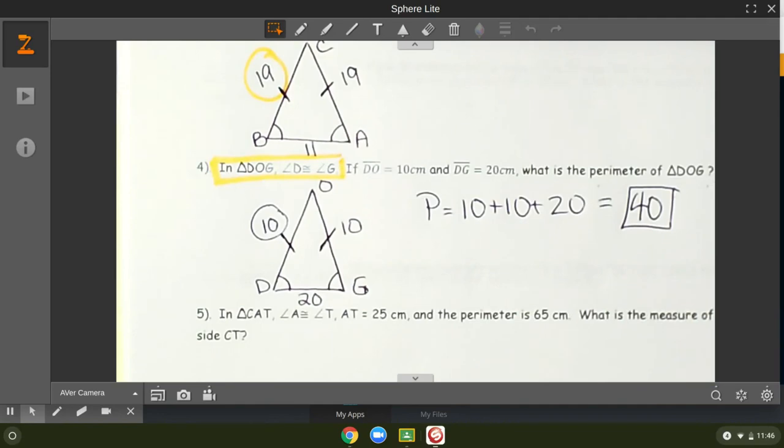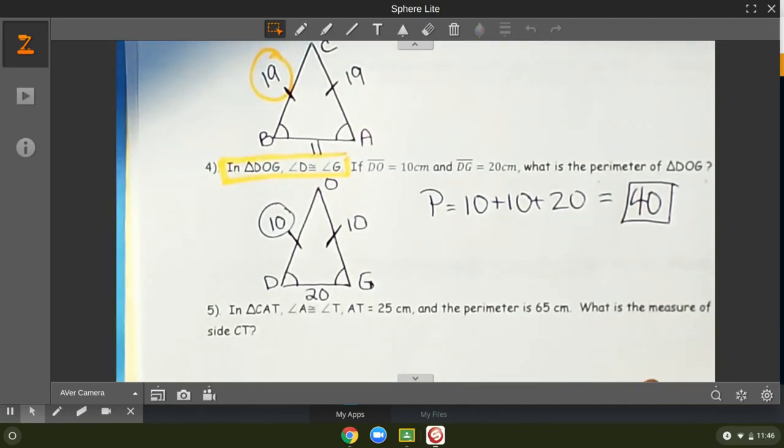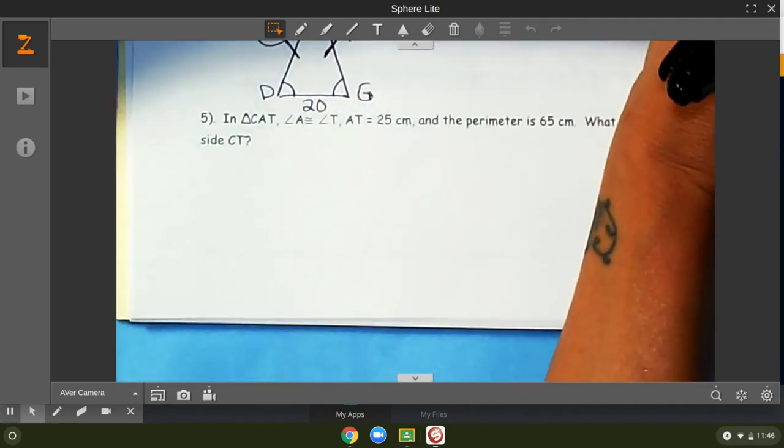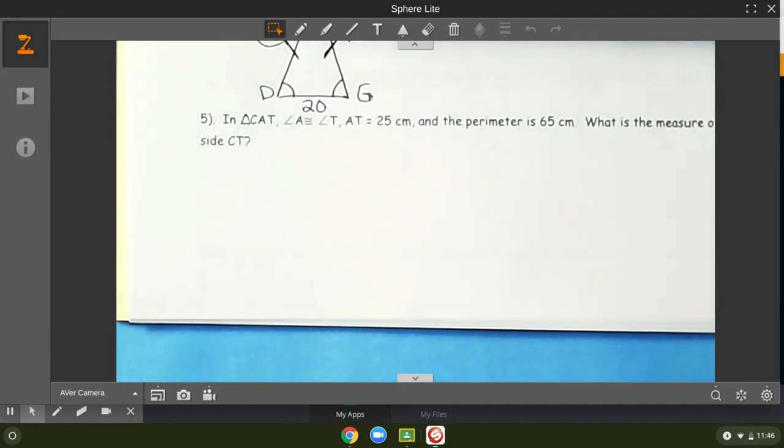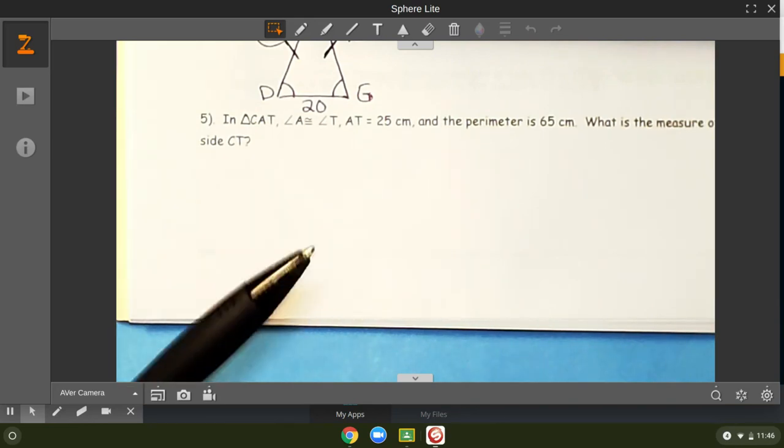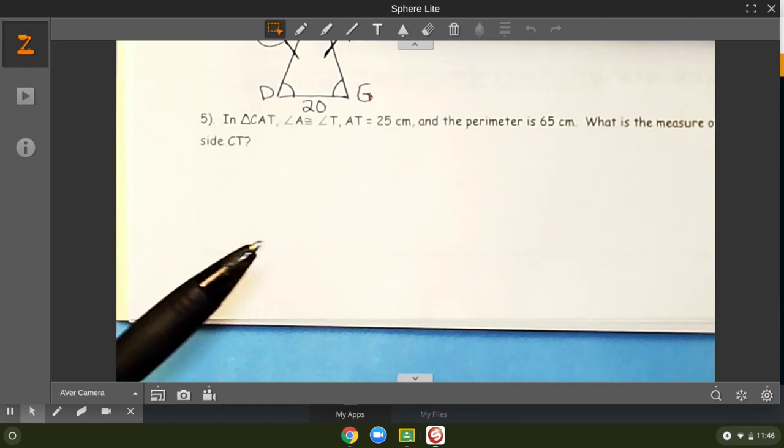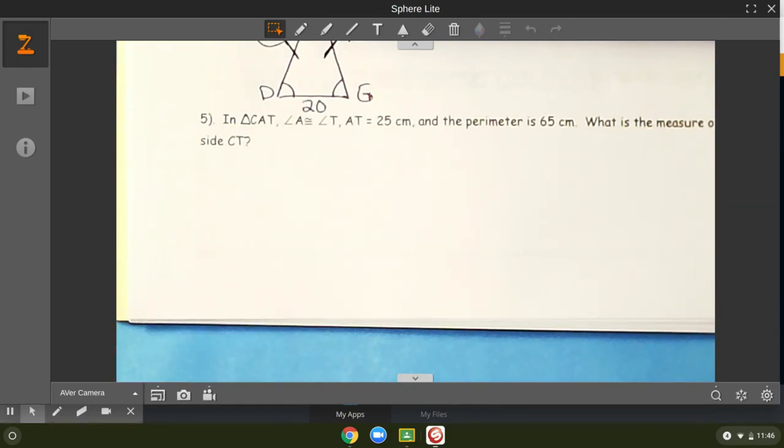Okay, next up, number 5. In triangle CAT, angle A is congruent to angle T, and AT is 25, and the perimeter is 65. What is the measure of side CT? All right, so we have to draw a picture. But before we draw a picture, do we know what type of triangle this is?